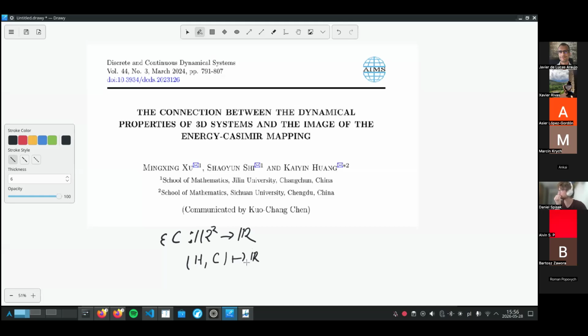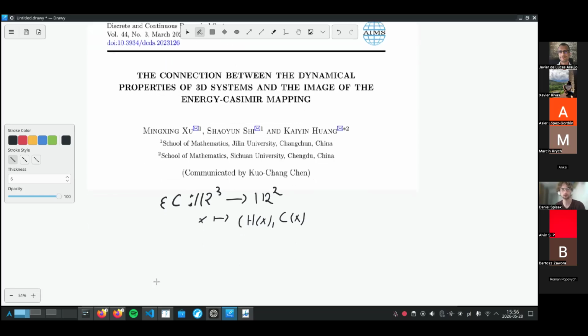No, it was the other way around. So we have R3, we take some point, and the Energy-Casimir mapping just evaluates this on this tuple. And by studying the topology of the fibers of this mapping, the fibers are just the pre-image of this.